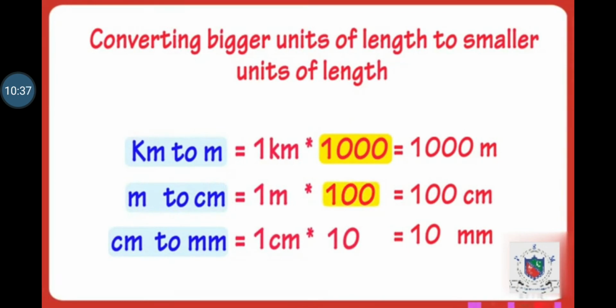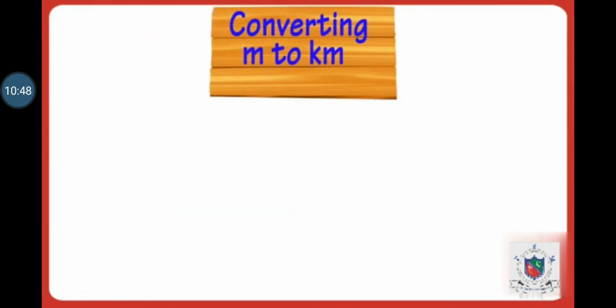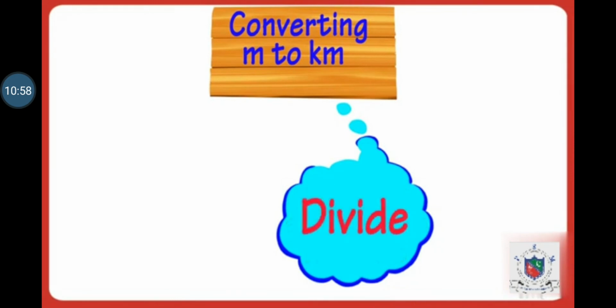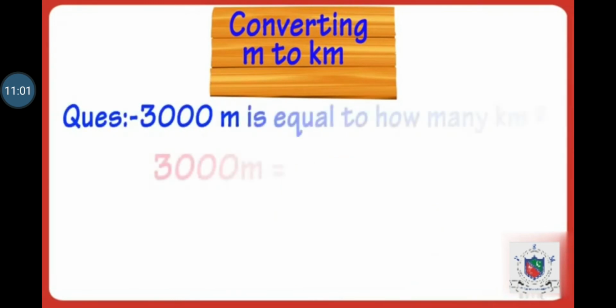In 1 meter we have 100 centimeters, so we need to multiply by 100. And in 1 centimeter we have 10 millimeters, so we need to multiply by 10. While converting the meter to kilometer, as we are converting the smaller unit to the bigger unit, so always we have to divide.